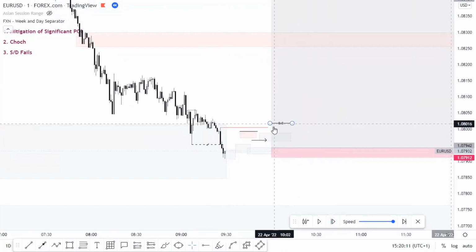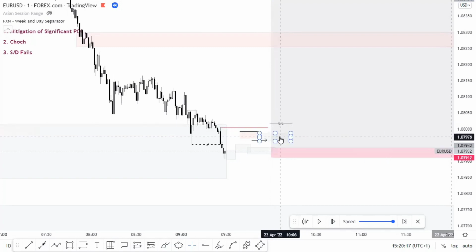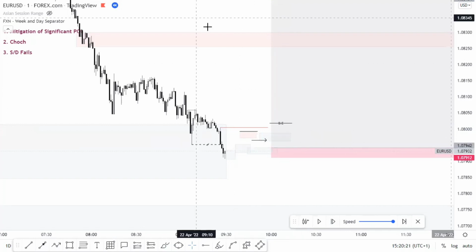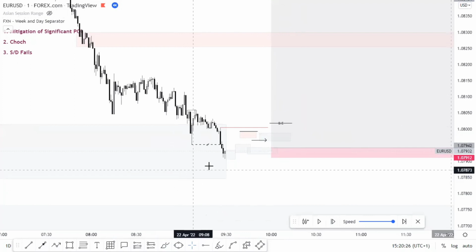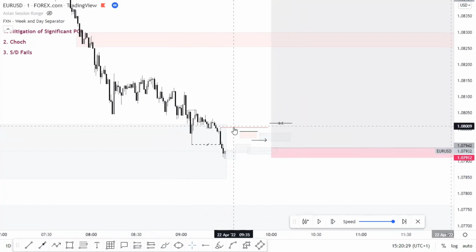So I set my alert around this red tab to see if it's going to break to the upside to give me a confirmation that okay, you're good to go. So once I noticed this around this place, I was waiting for it to break this top side to give me confirmation.